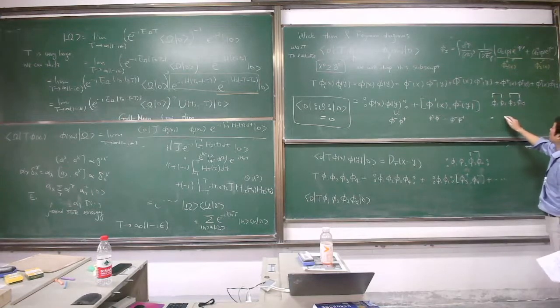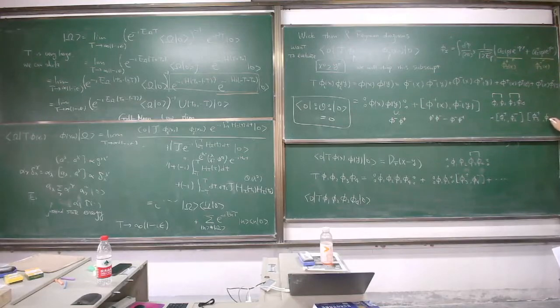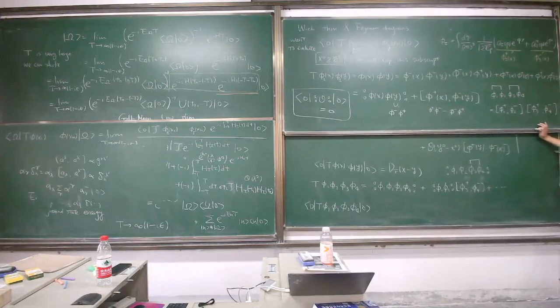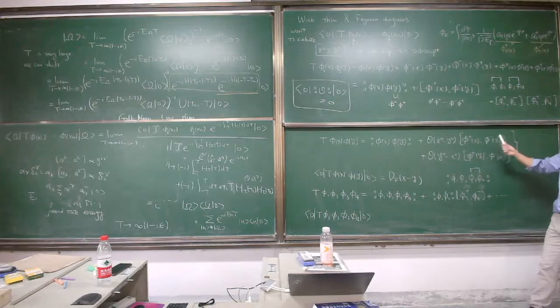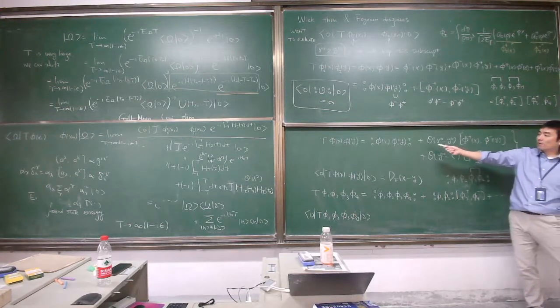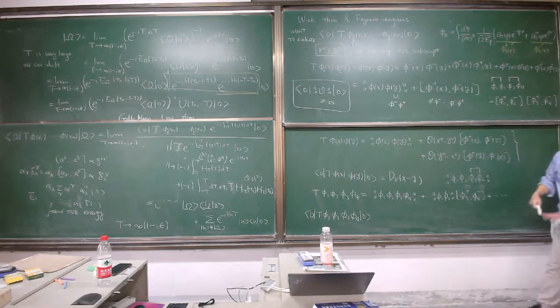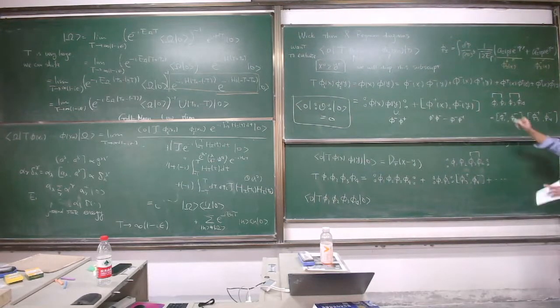So this will give you terms like phi 1 plus and phi 2 minus, and then phi 3 plus and phi 4 minus, and so on. And of course, we need to be careful about the time ordering. Depending on which one is the future or past, you have to put the commutator. But essentially, if you sandwich by the vacuum, this will give you a propagator.